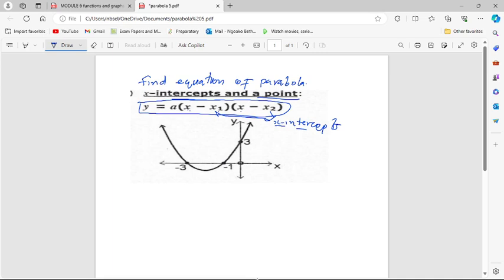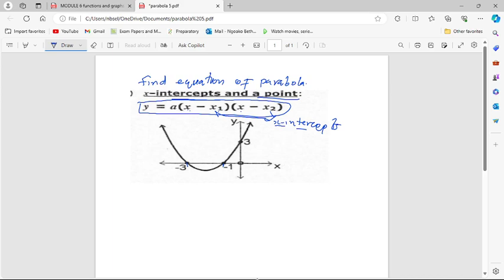There are only two on the x-axis. Looking at the graph, we have the first x and the second x, but you can interchange them as the first one or the second one, as long as they take the position of x1 and x2.